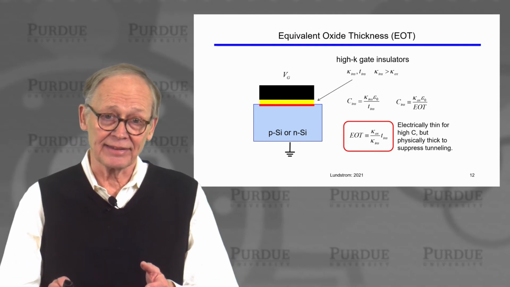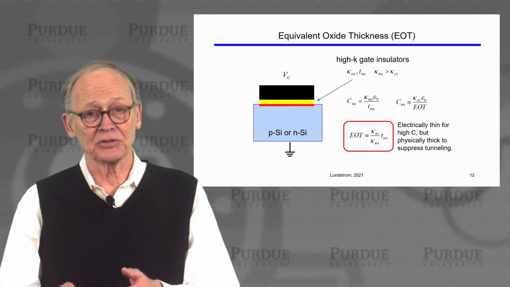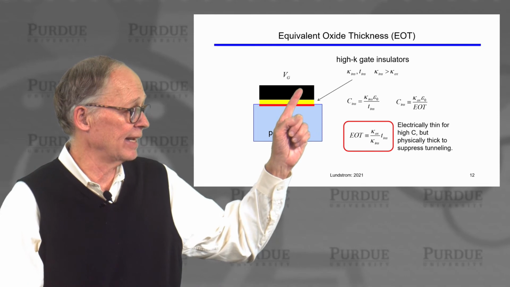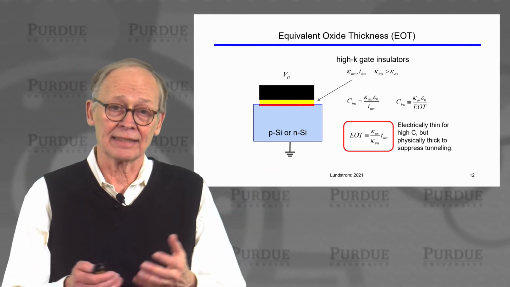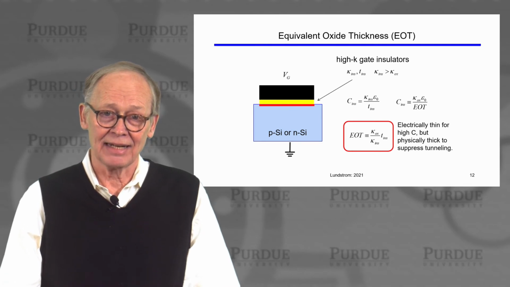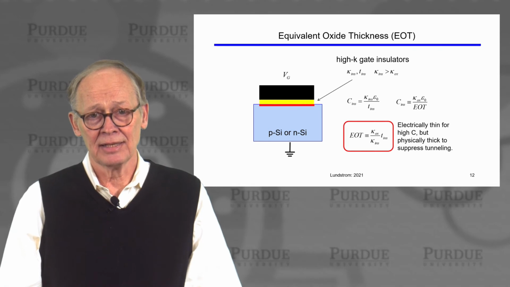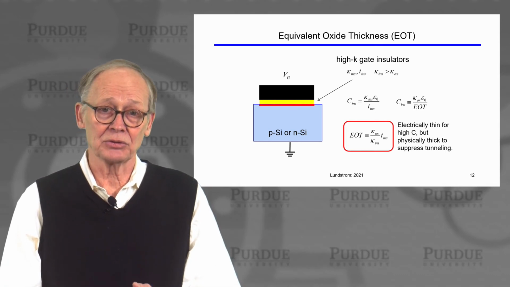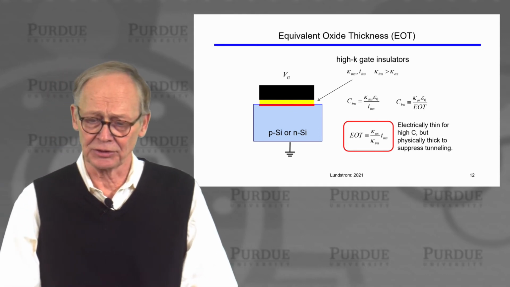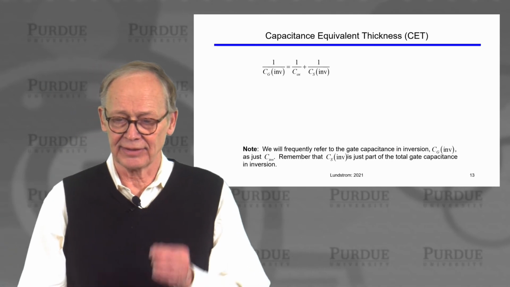So it's electrically thin for capacitance, but it's physically thick, and that suppresses quantum mechanical tunneling and makes sure that electrons from the gate can't tunnel through the oxide and give us a gate leakage current. So we get high capacitance, as high as we could get with a very thin SiO2 layer, but we couldn't use those thin SiO2 layers because they would be too leaky. That's why high K gate dielectrics are used, and this is how equivalent oxide thickness is defined.